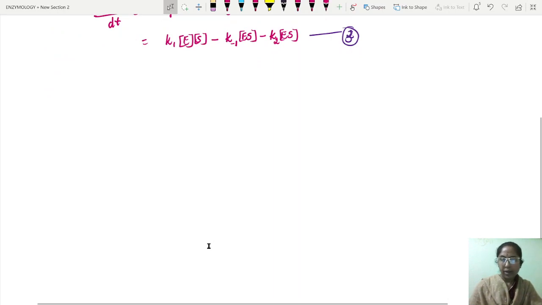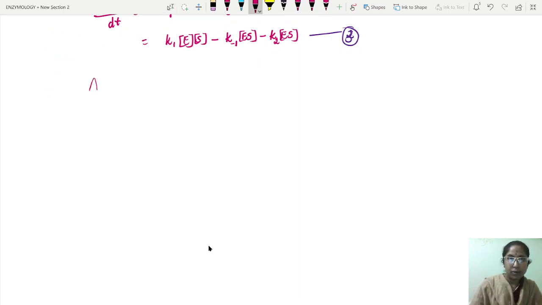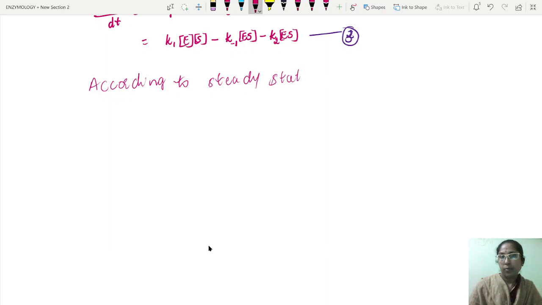According to the steady state assumption, at any given time the concentration of the ES complex remains constant. It's steady. Therefore the rate of the formation of the ES complex is exactly equal to its rate of breakdown, and at any given time ES remains constant.